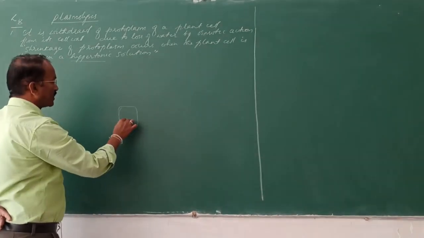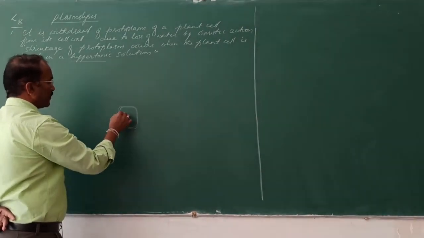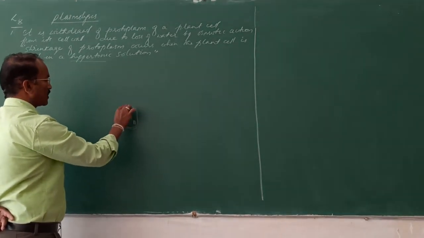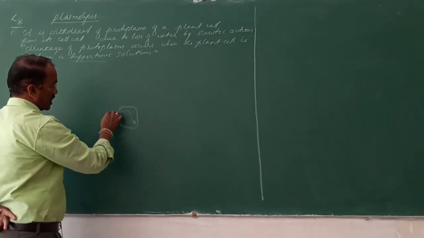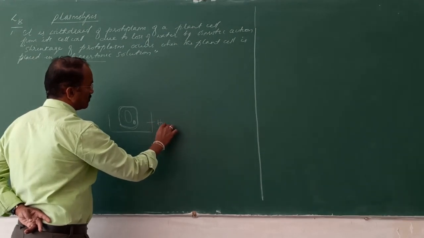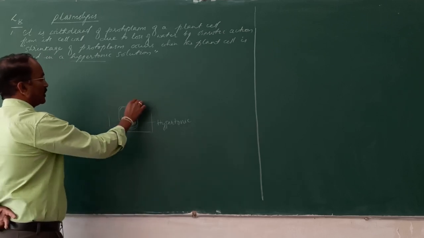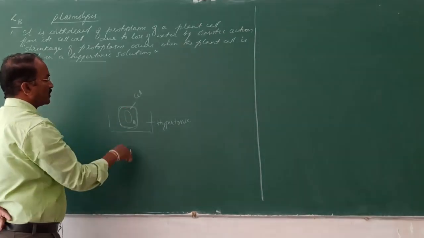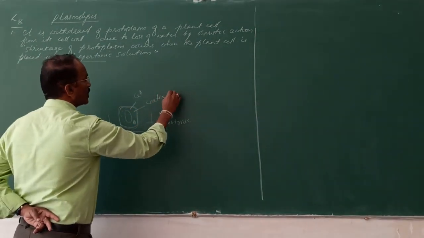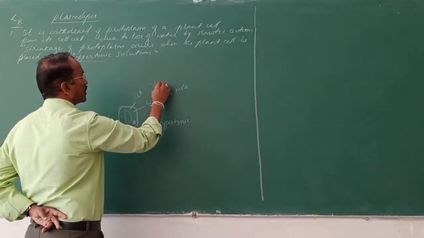Understand? So it is the plasma membrane attached to the cell wall, and this is a vacuole, nucleus, and all the cell organelles are present. The cell is placed in a solution, that is hypertonic solution. This is the cell. Here water is more within the cell, so water potential is high.